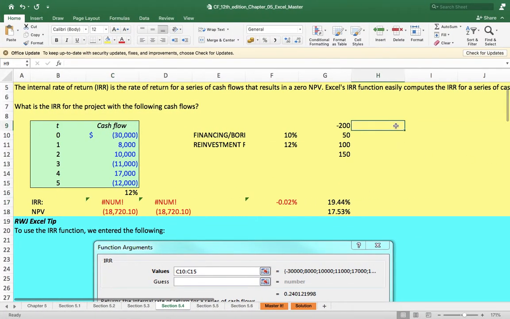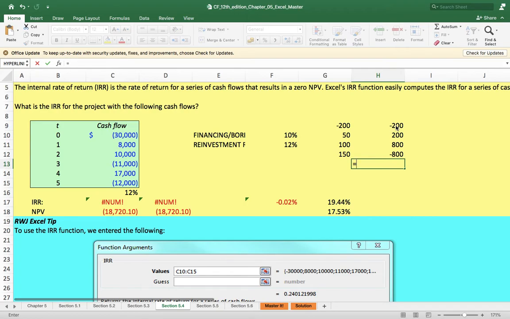You can see 200, 200, 800, and if you calculate the IRR, one is 0, and the other you can calculate.